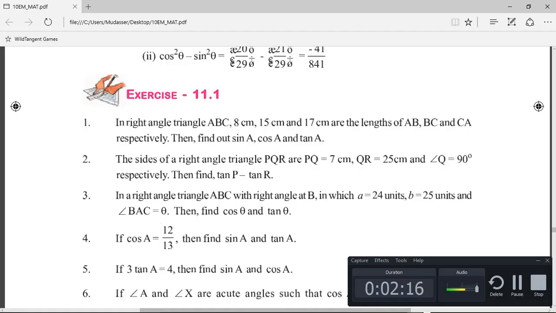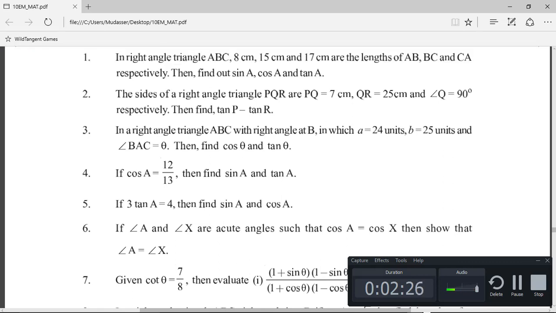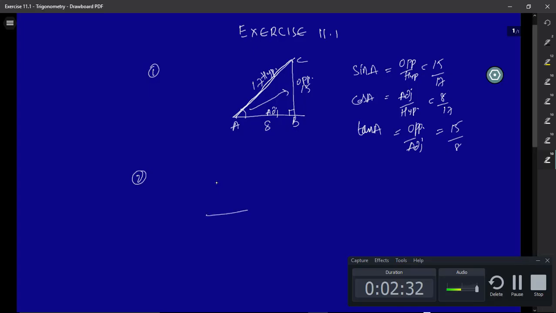Let us go ahead and work on the second problem. The second problem says the sides of a right angle triangle PQR are PQ is equal to 7 cm, QR is 25 cm and angle Q is 90 degree respectively. Then find tan P minus tan R. We'll again draw a right angle triangle. Well, I hope it looks like a right angle triangle to you.